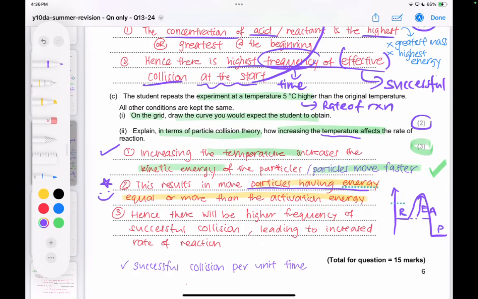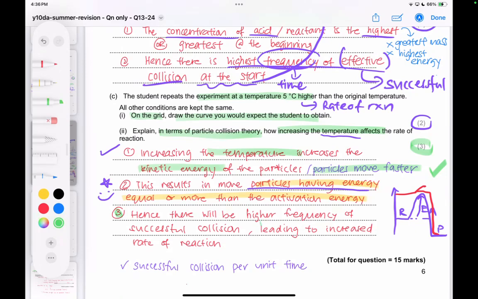So if more of your particles have energy higher than the activation energy, then it's really super easy for them to become a product. So that's what point number 2 means, and that's actually the one that most students tend to lose their marks in. But students will be able to again pick up the 3rd mark here.